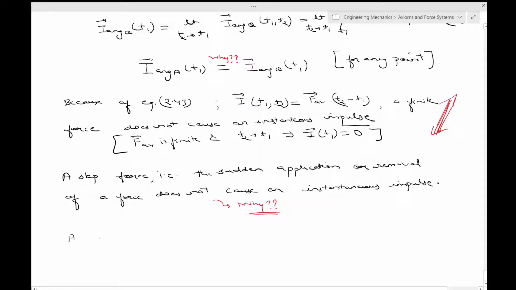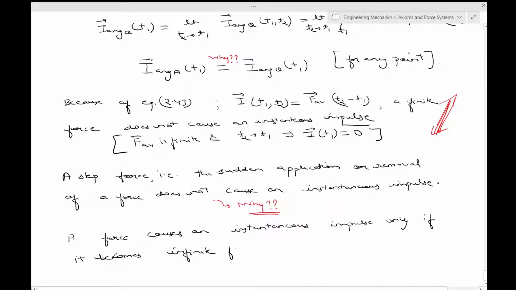A force causes an instantaneous impulse only if it becomes infinite for an infinitesimal duration.